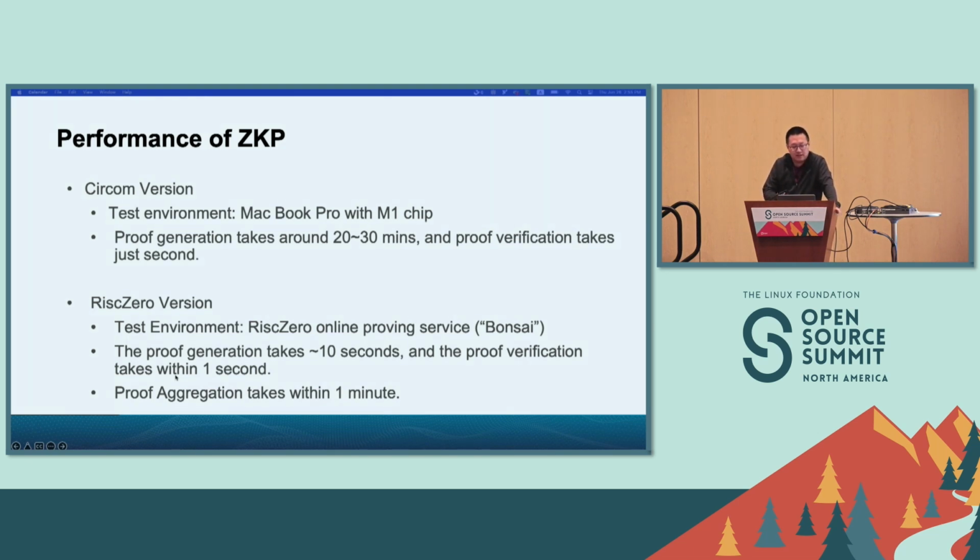And as you see, especially for the Circom version, it's not as good. So we did think about whether there are any optimizations or other ways to make it faster. We think there could be system-wide ideas.